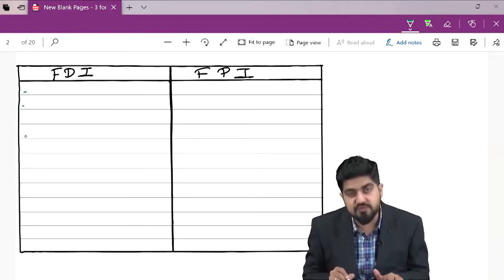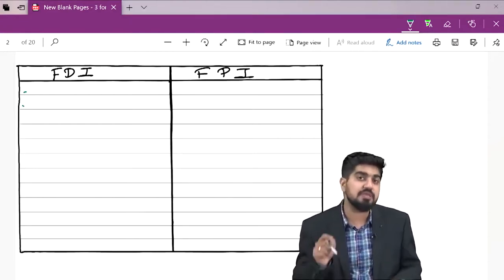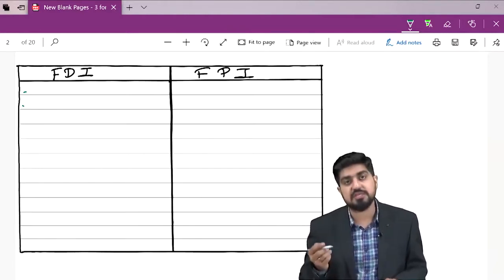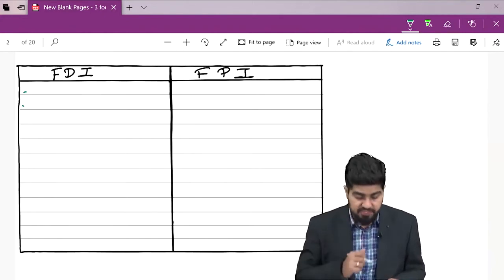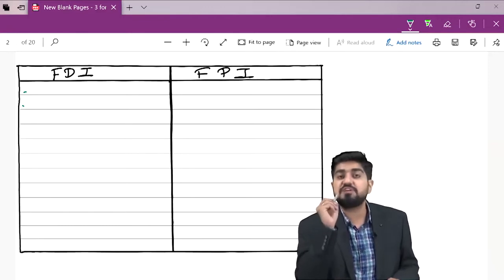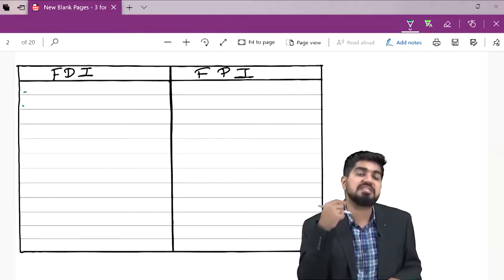We are going to discuss few points in FDI as well as in FPI, but those points will be dependent upon your answers. So be with me, friends, and go on answering one by one the difference between FDI and FPI. Now the first question that I have for you, can you tell me which type of investment results in creation of physical assets?